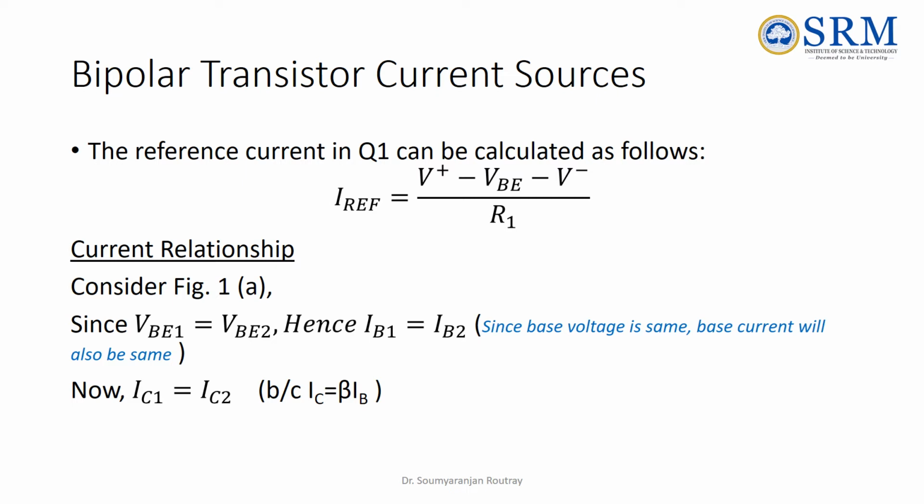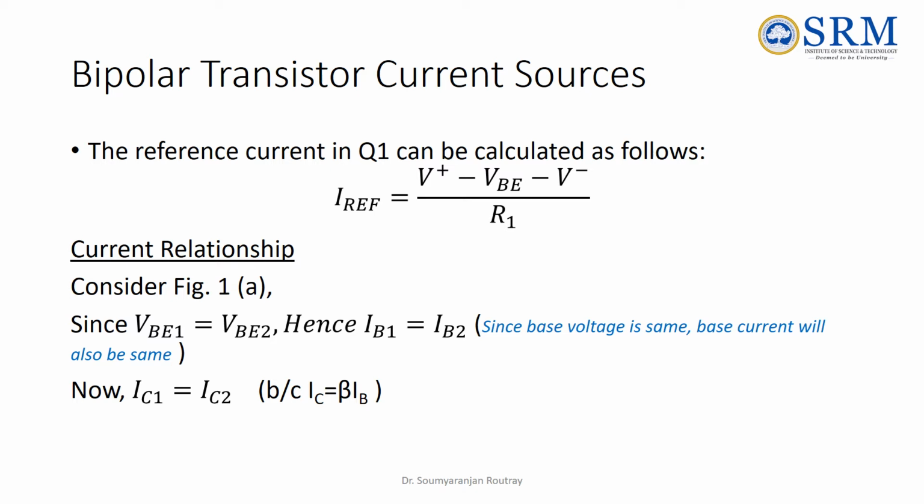Now we will discuss how I reference will be same as IC2, or current through the transistor 2. It's same as I reference. And for that we have to consider our previous slide figure 1a. We know that VBE1 is equal to VBE2.